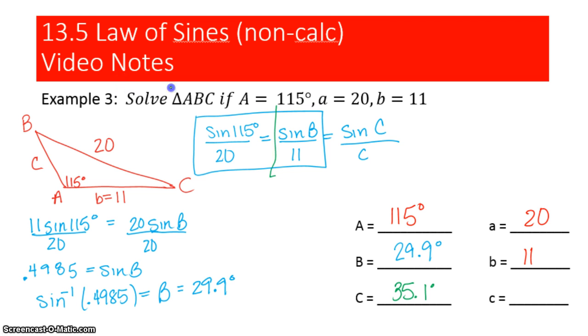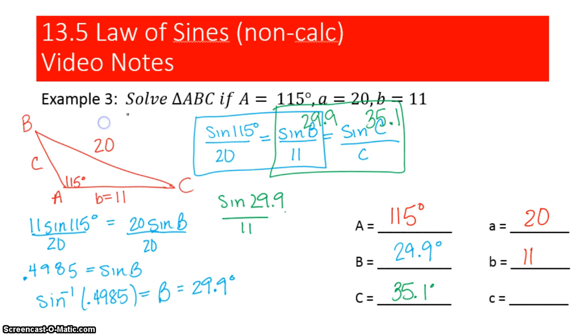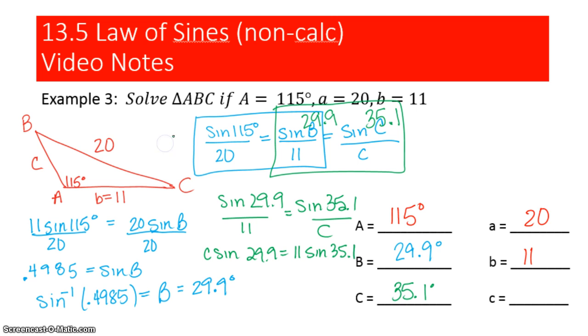And now we can use this piece here, knowing that this is 35.1 and this is 29.9. So now we have sine of 29.9 over 11 equals sine of 35.1 over C. And we're going to cross multiply. So C sine 29.9 equals 11 sine 35.1. Okay, type that in your calculator and solve, and you end up with C equals 12.7.